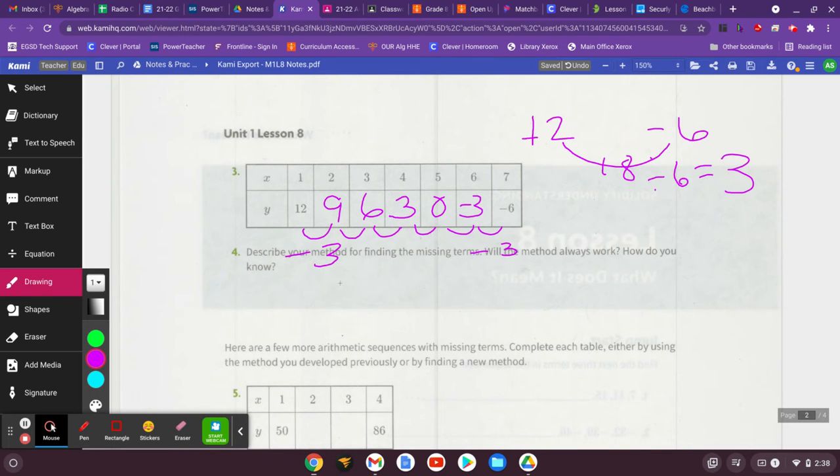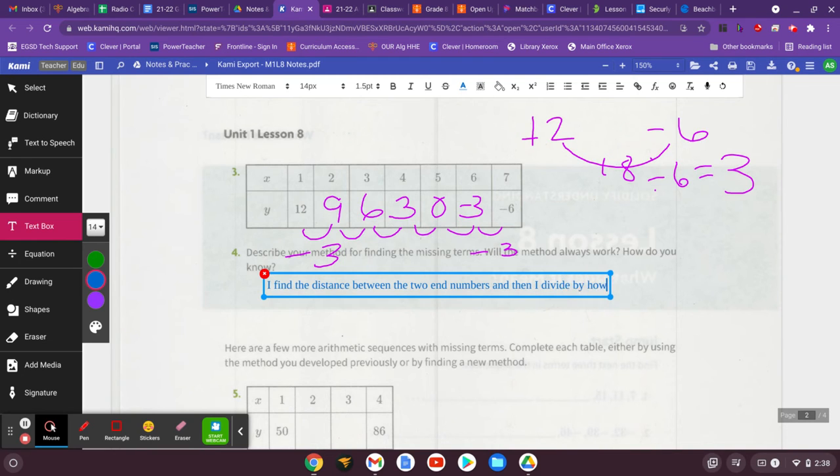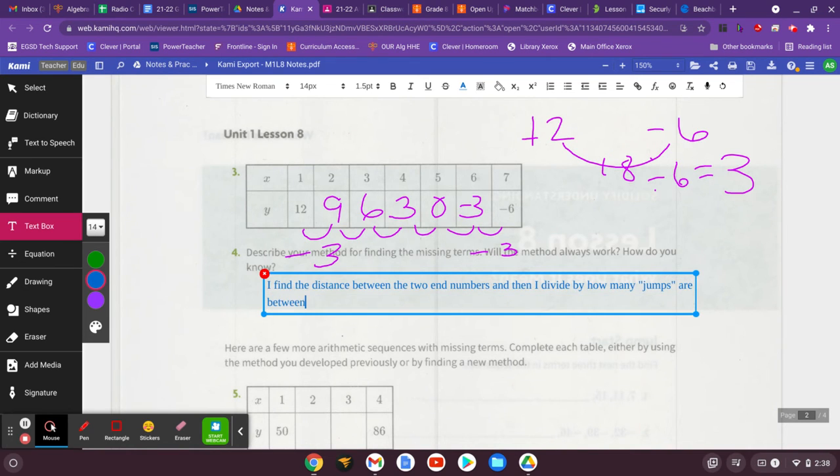So describe your method of doing this. All right, here we go. Let's do this one in blue. I find the distance between the two end numbers, and then I divide by how many jumps are between those numbers that I need to fill in.